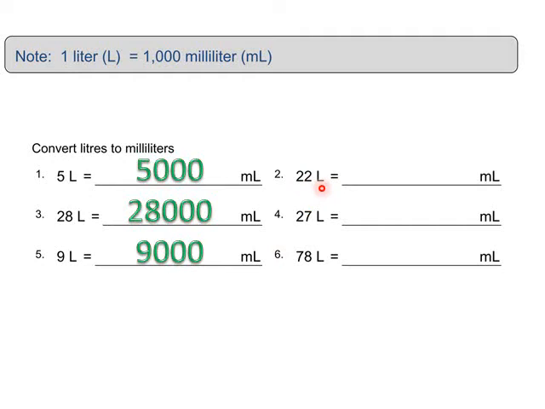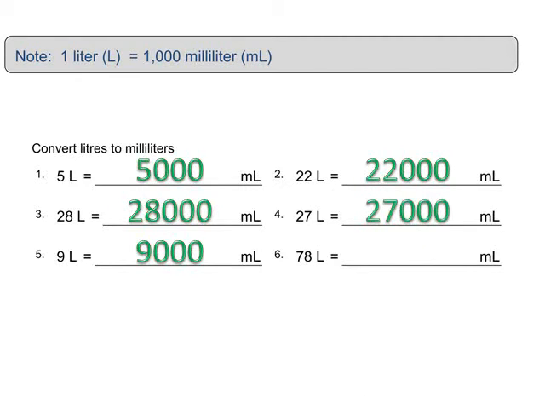If I have 22 liters, I want to convert it into milliliters. So I will multiply 22 by 1000. It will be 22. Added to it 3 zeros. Can you read this number? Yes, 22,000 milliliters. 27 liters are equal to how many milliliters?